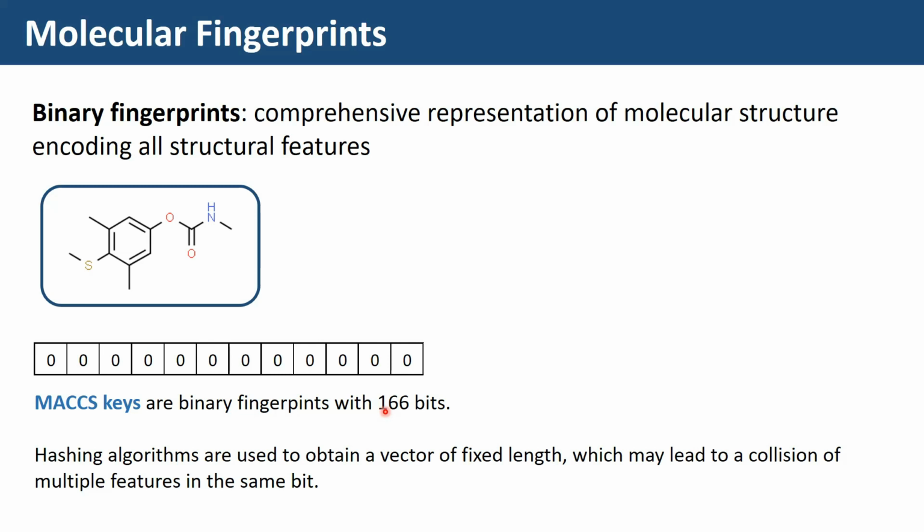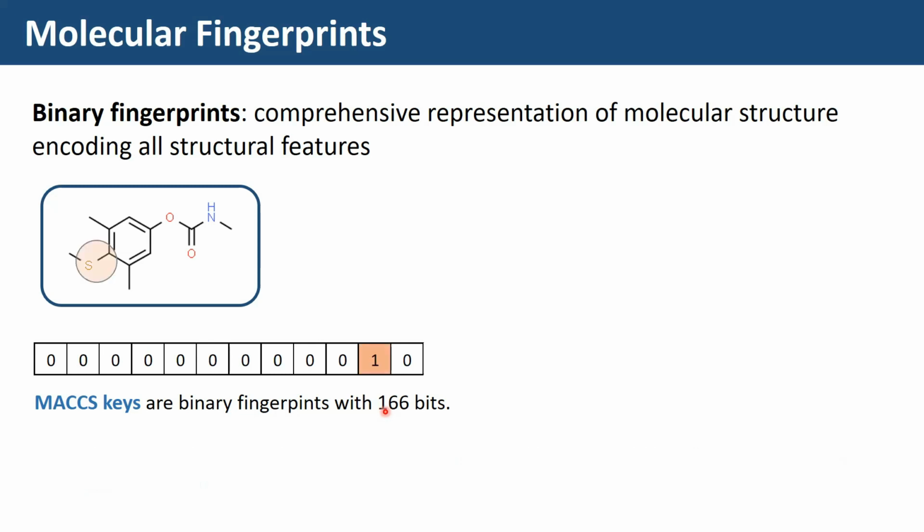So what happens is that in the fingerprints, you have some bits which are activated on the basis of the presence of some structural features. And so this fingerprint is a binary representation of the molecular structure through a binary vector, so 0 or 1.